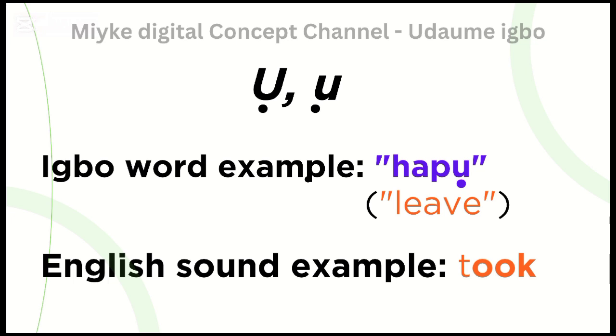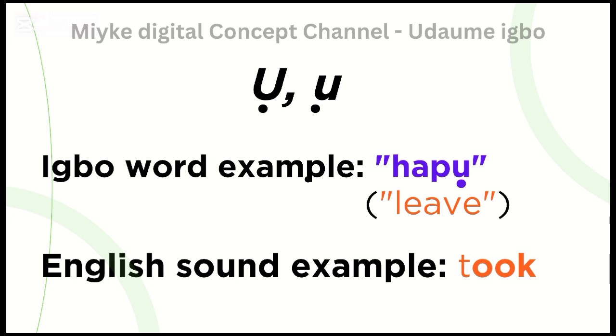Hapo, hapo. You understand? It is called like that. It's just like in English, you say took. It's the sound from the throat that controls it for you to be able to call it in that way, and for it to make meaning, and for people to understand what you are really talking about.